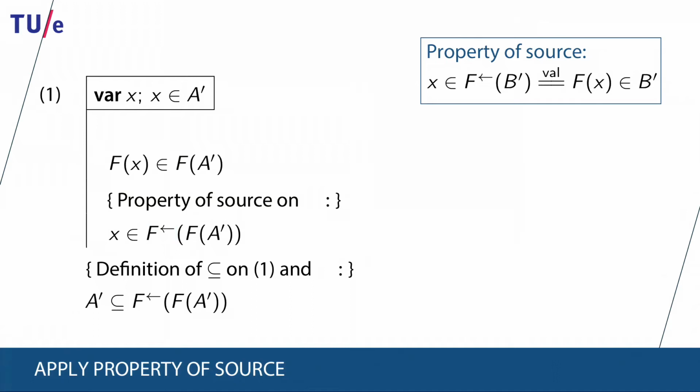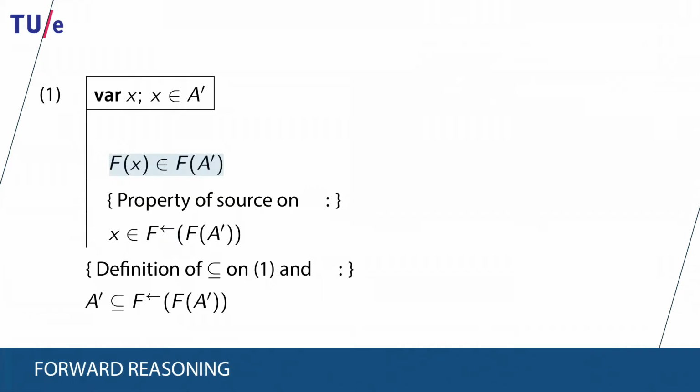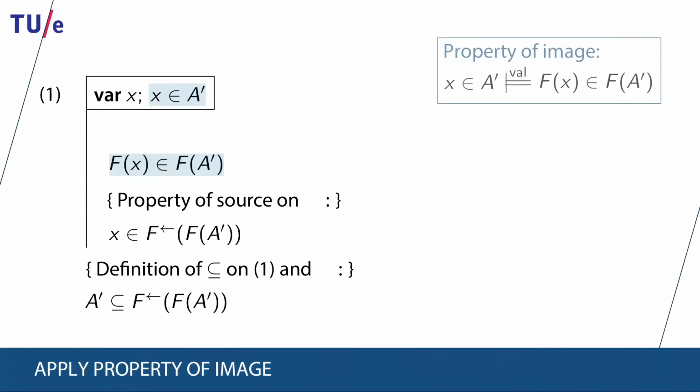Our new goal becomes to prove that F of X is in F of A'. We can now bridge the gap in our proof. We have that X is in A', and our goal is to establish that F of X is in the image of A' under F. This is achieved with an application of one of the two properties of image.